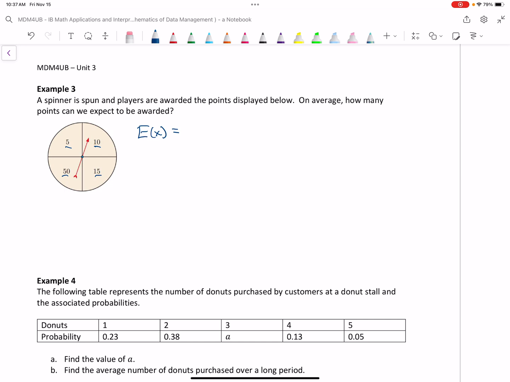So I'm going to take each outcome. The first one is the outcome of getting a 5, and I multiply it by its relative probability, which would be 1/4. So this is my outcome, the 5, and then the 1/4 is my probability.